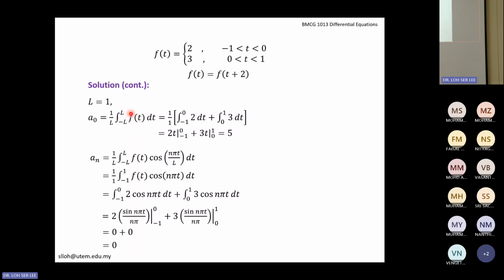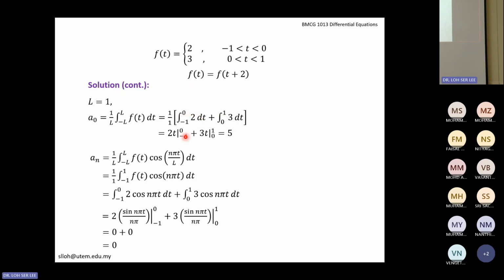So that's why we have to break this integration into 2 parts. The first one is from -1 up to 0, you have 2. And from 0 up to 1, you have 3. We just break the integration into 2 parts accordingly, based on the interval.